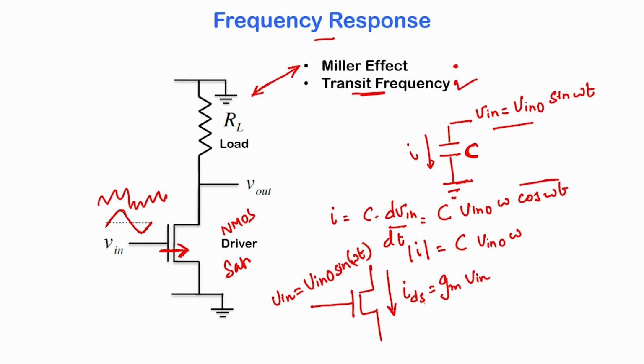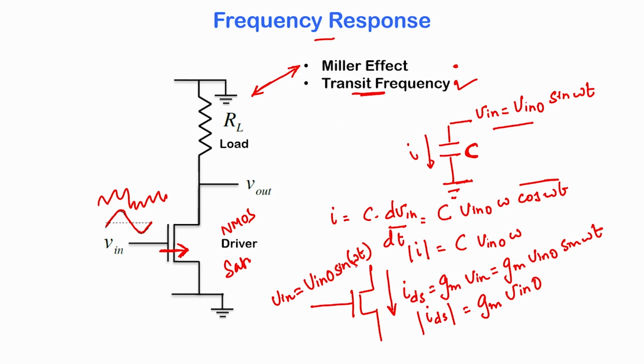And what is the magnitude of this current? IDS is nothing but gm into Vin naught into sine of omega t, and the magnitude of this, which is not capturing the phase information, but just looking at the magnitude, is gm into Vin naught. So, that is the magnitude of the current through the drain to source.